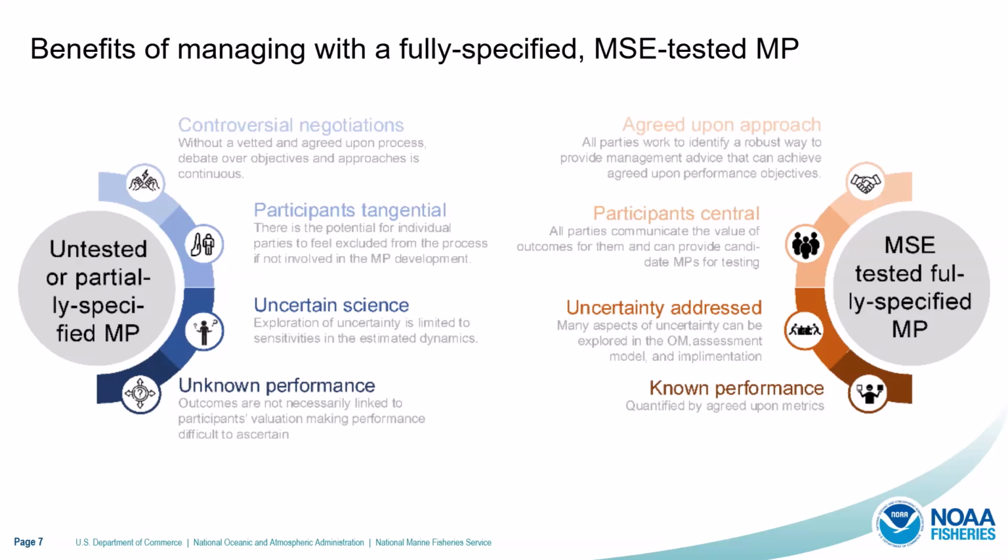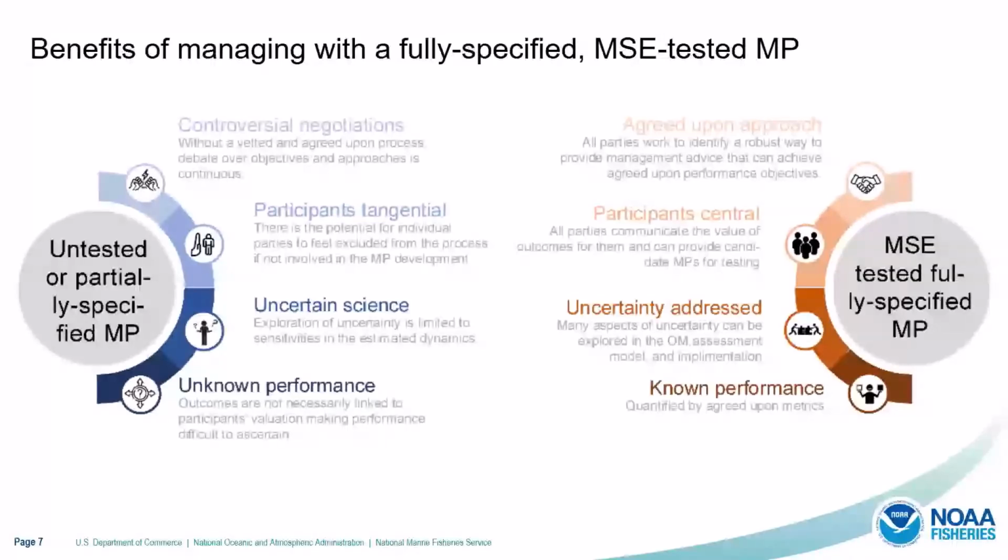So we do sensitivity runs, but we're not specifically looking at the impact of uncertainty on management performance, and that's the focus of MSEs. Lastly, performance is relatively unknown because outcomes are not linked back to management objectives that are specified by our stakeholders and managers. And we're also looking, again, at very short timeframes.